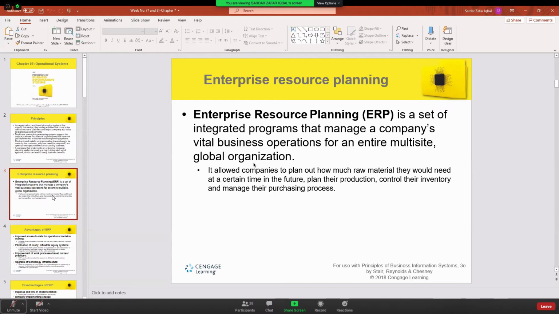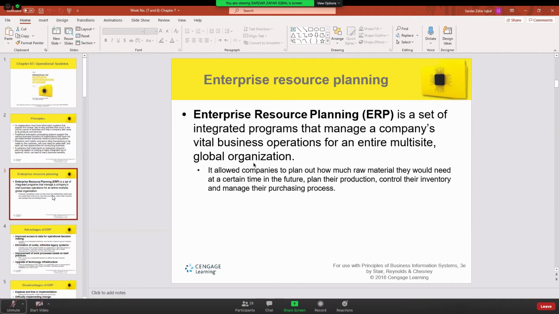ERP, Enterprise Resource Planning, is a collection of integrated programs that manage the company's vital business operations for an entire multi-site global organization. Different programs all together make one system that performs vital business operations.